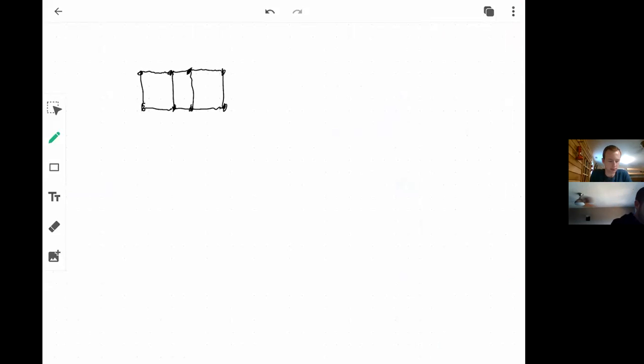Okay, so then A, B, C, and it wants us to color the vertices of this thing. This is 9.3 5D. So what symmetries were you thinking about?